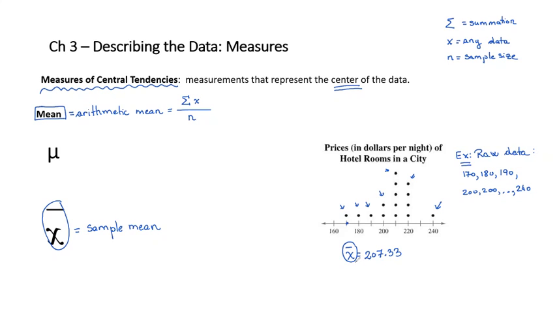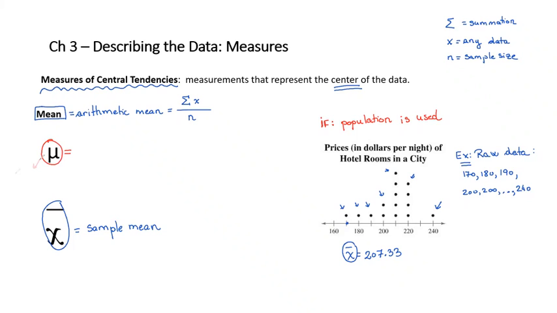Now you may wonder what is going on with this symbol right here. This is what is going on. If, and I'll just put down a big if right here, if you look at these values as an entire population, in other words, if the entire population is used and you continue the process and you find the mean, then the notation for the mean is mu.